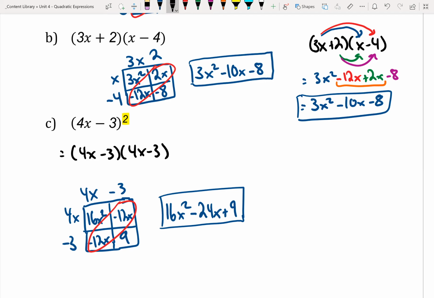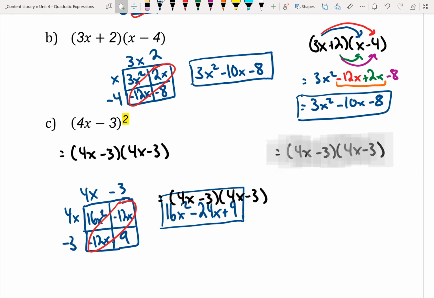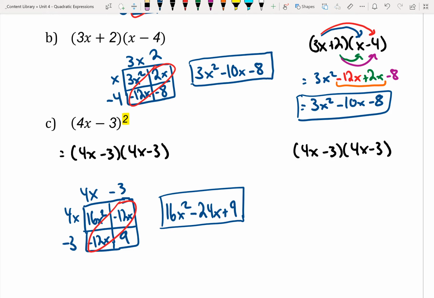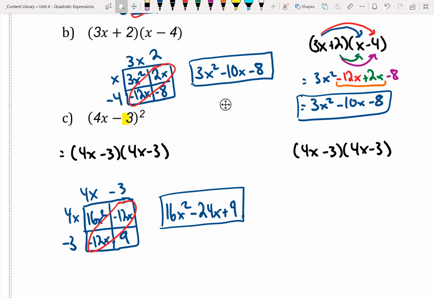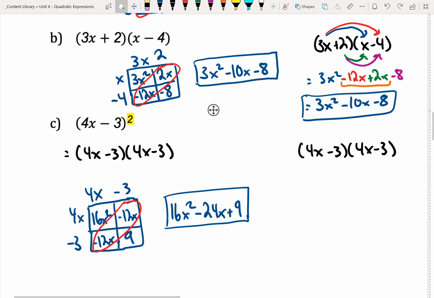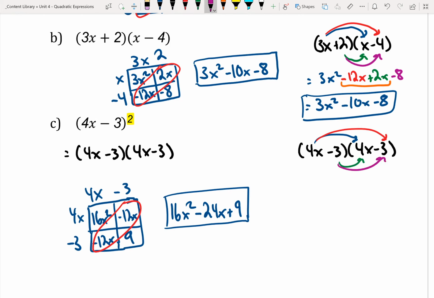I'm going to do the same thing with the FOIL method and see if I get the exact same answer. So, I'm going to multiply my first numbers, then my outside numbers, then my inside numbers, and then my last numbers.